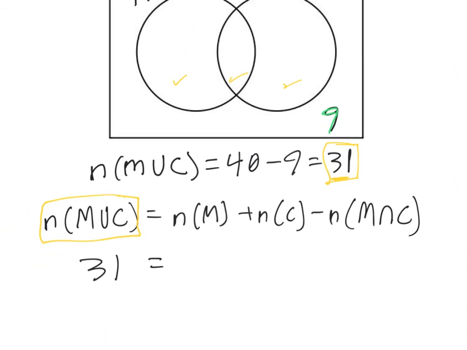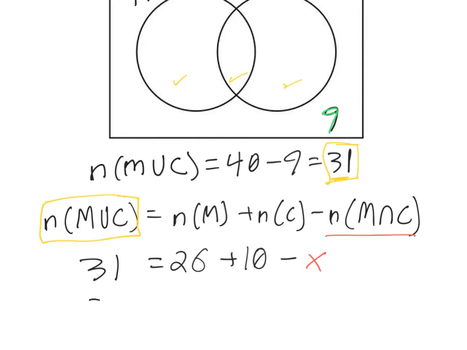So we have 26 students enrolled in mathematics, we have 10 students enrolled in computer science, and we have some unknown number of students who are enrolled in mathematics and computer science. And I'm just going to use a variable for that. I will use x.